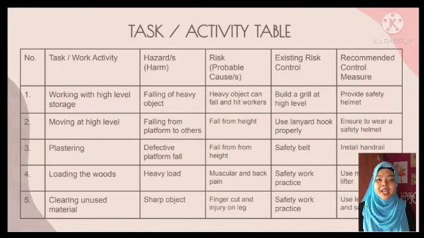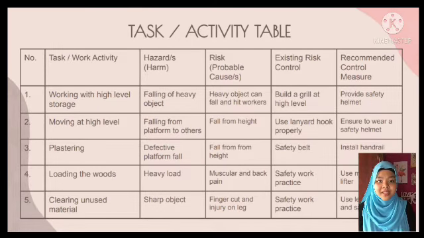Next, moving at high level. The hazard for this activity is falling from the platform to others, and the risk is fall from height. The existing risk control is to use the lanyard hook properly, and the recommended countermeasure is ensuring to wear a safety helmet.